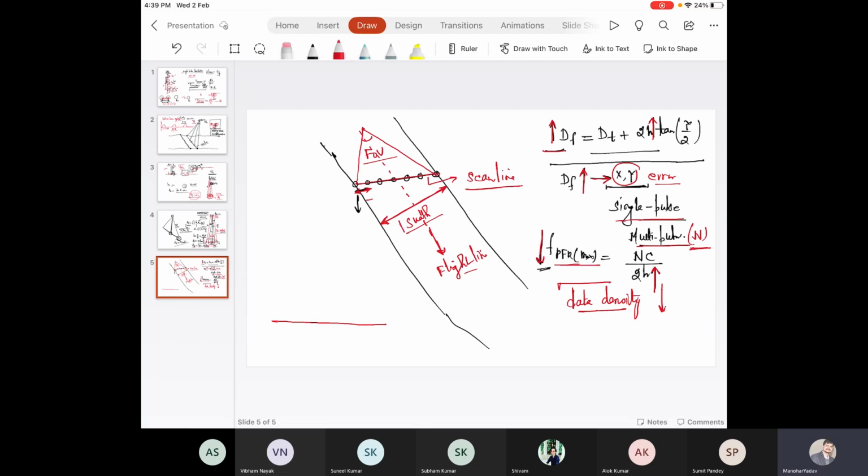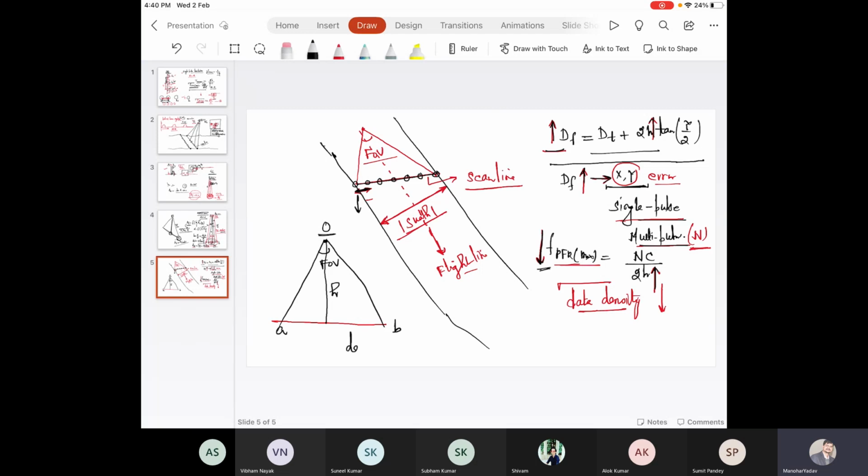How is this swath calculated and how is it related to the sensor's parameters? If you see over here, somewhere here we have the origin of the laser transmitter. This laser sensor is built into the flying aircraft, and this is the maximum FOV, field of view. The aircraft is flying at height h. So what is the total distance A and B?